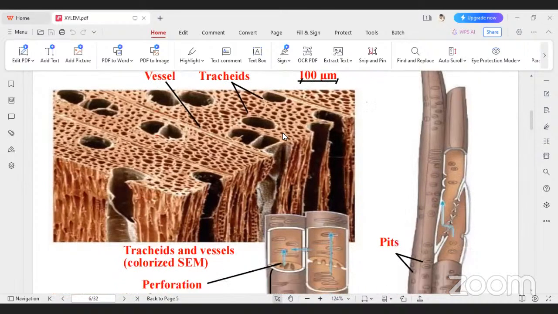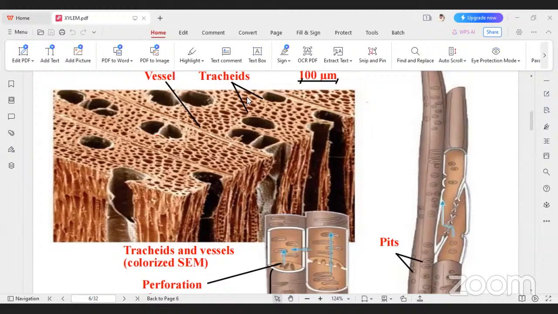So, xylem elements. Are you able to see the diagram? Yes, sir. This is the electron microscope view of the vessels and tracheids.